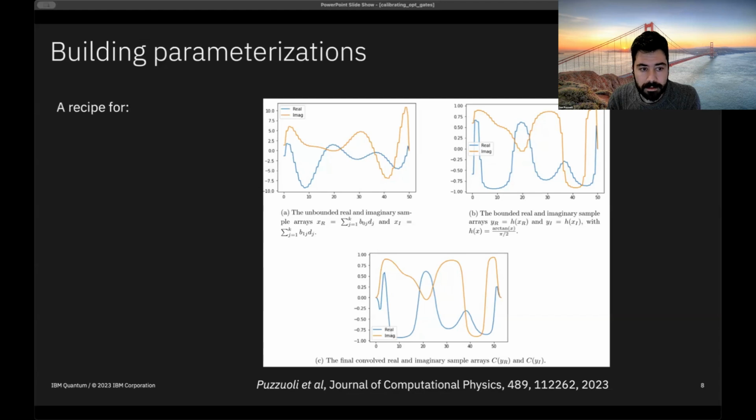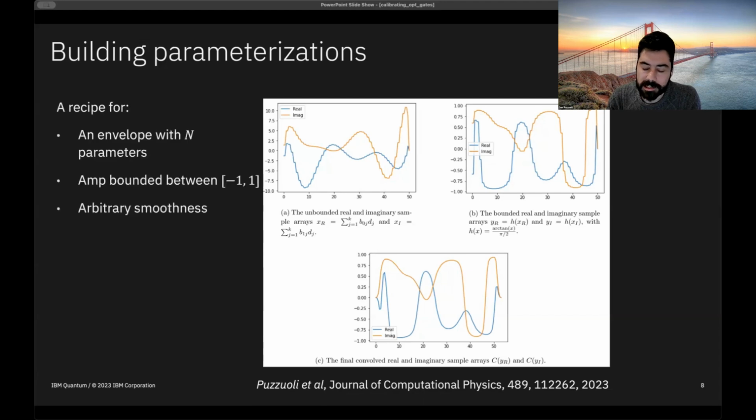Our parameterization is a recipe for defining an envelope function. You start with some given number of parameters n, and we want to parameterize controls that are bounded between, let's say, -1 and 1.